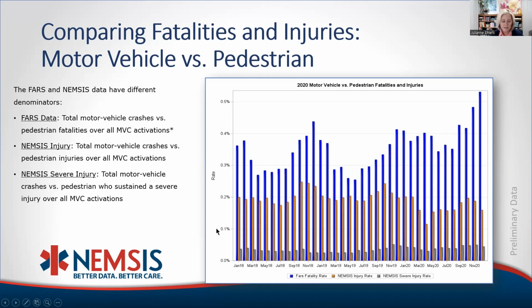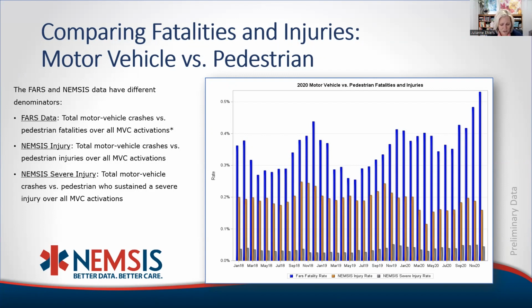Now FARS and NEMSIS have different denominators, but we've placed these trends over each other so that you can see that the trends are related, that as fatalities increase, we often see injury or severe injury increase. So you're able to tell both sides of the story when you've got the FARS data, which is specific to fatality, and then what's happening that EMS is responding to.